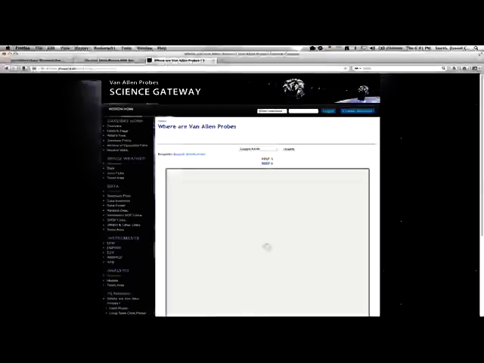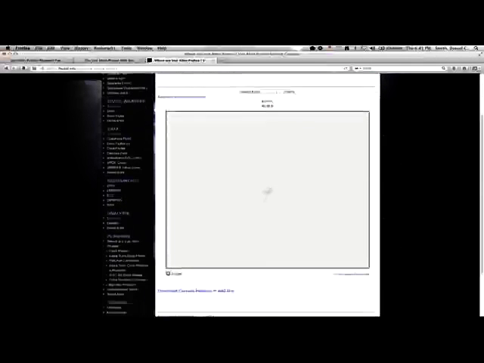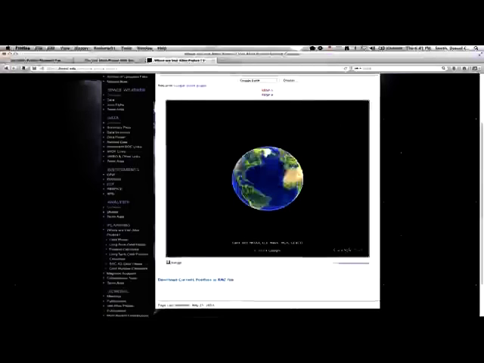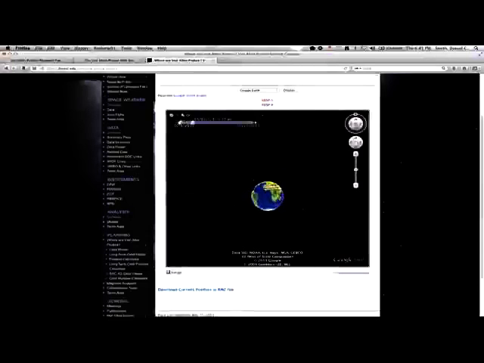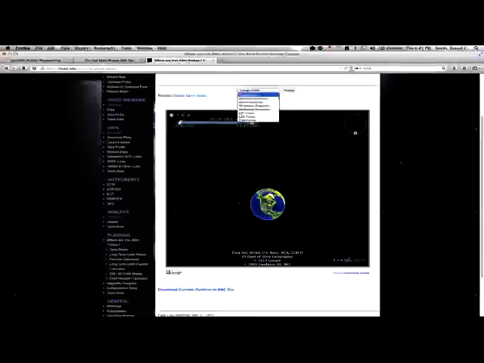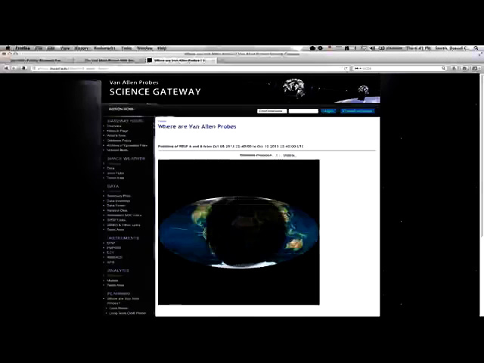And slowly but surely, because it's the Google plugin, this is a Google Earth plugin. This is kind of wacky because it holds the Earth still, and so it looks like the paths of the spacecraft there. But I like looking at this projection here. It shows you where the spacecraft are.